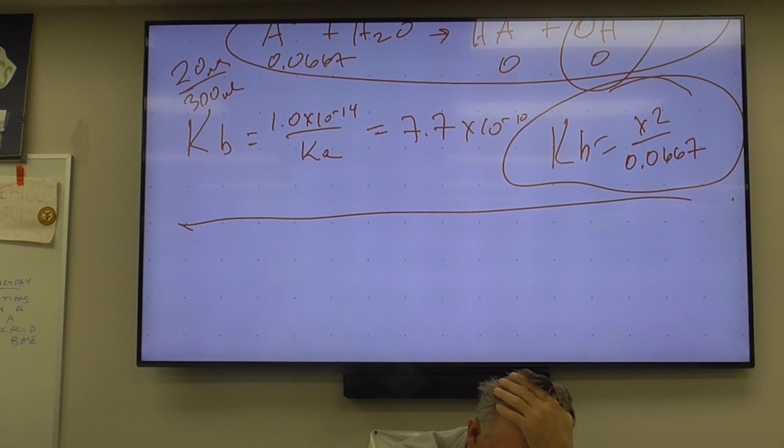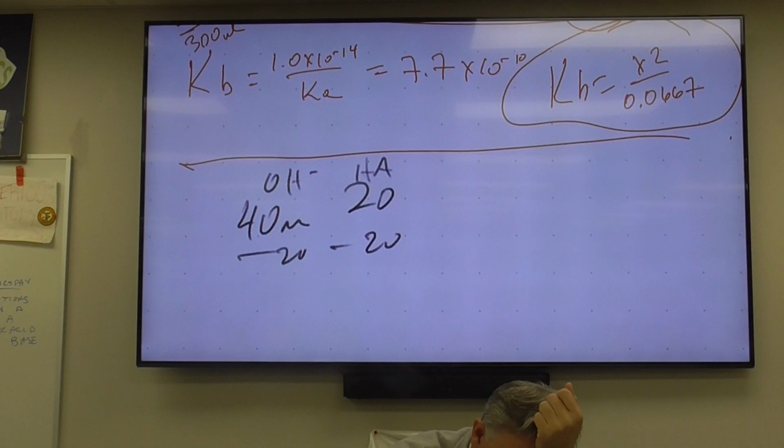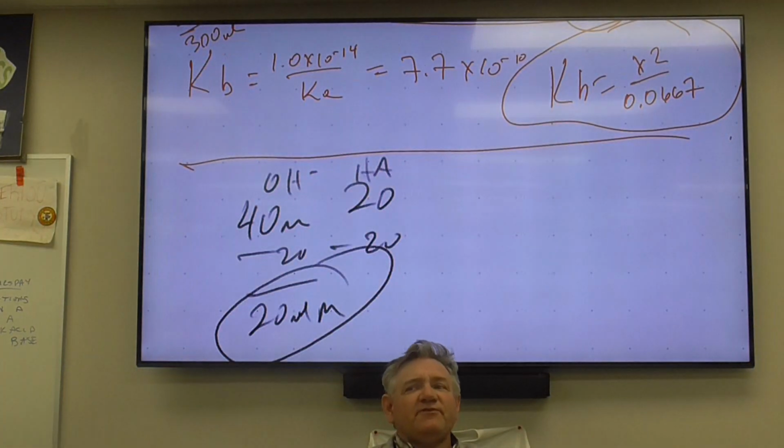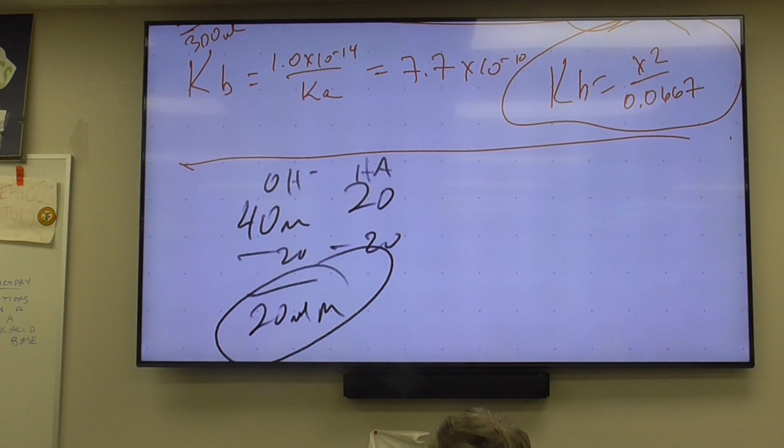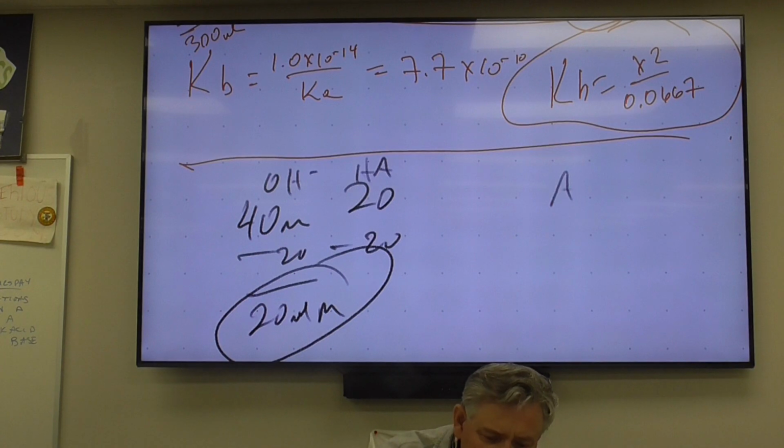So if you look at what's happening on C, you've got 40 millimoles of hydroxide. You have 20 millimoles of your acid. Minus 20, minus 20. So I've got 20 millimoles of a very, very, very strong base, which is your hydroxide. Are you going to start a little secondary reaction over here to make some hydroxides?